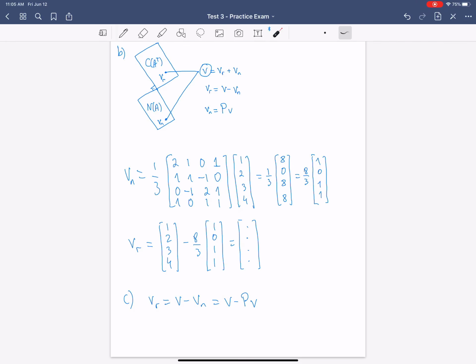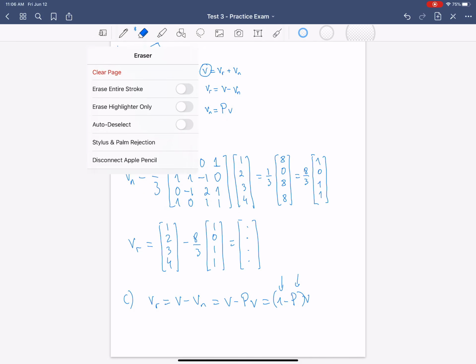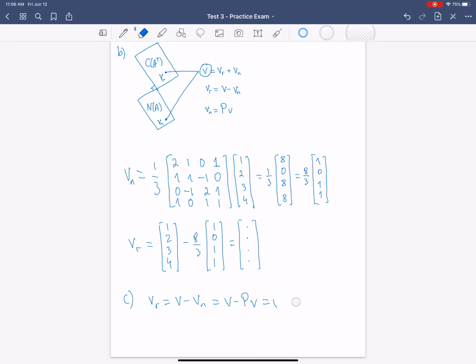So be careful, you cannot possibly write V here, then a P there and say 1 minus. This would make no sense in matrices because this is a 4x4 matrix, whereas this is just a number. So this is not possible. But what is possible is to write I minus P times the vector V.